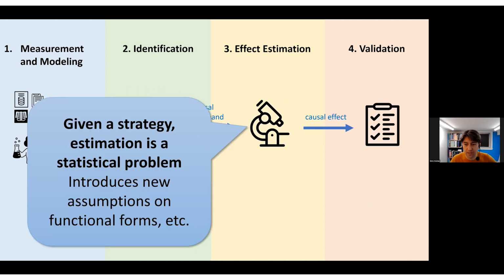Once we have a strategy, once we've identified a particular causal estimand, then we use an effect estimation algorithm that really is a statistical estimator trading off variance and bias questions, based on the assumptions we're willing to make about functional forms, etc., to get us the best effect estimate for the problem we care about.